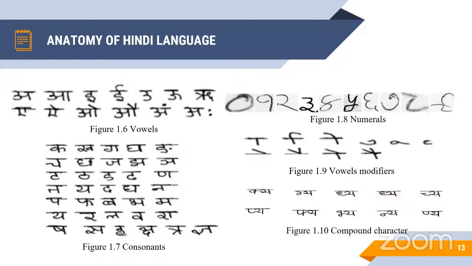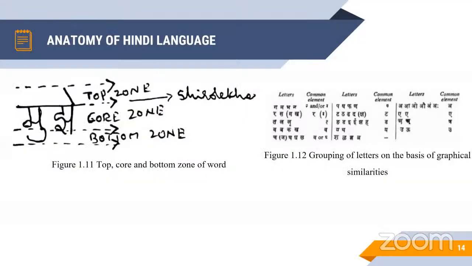The second letter is full and the first letter is the half. So this type of character is called the compound character. The next one is the consonants, that means ka, kha, ga, gha up to ja, right? So these are all the very basic anatomy of the Hindi language.